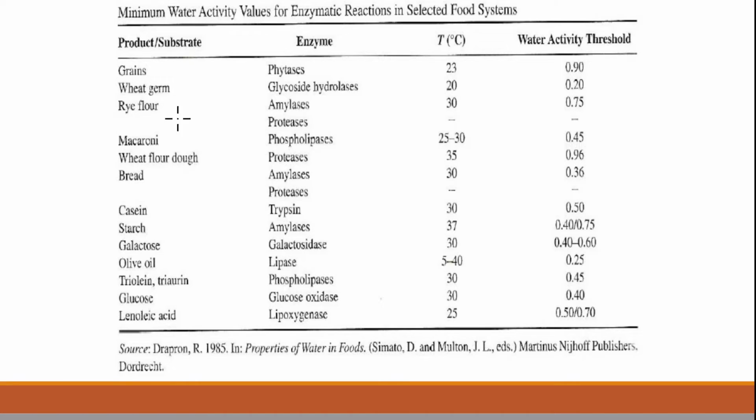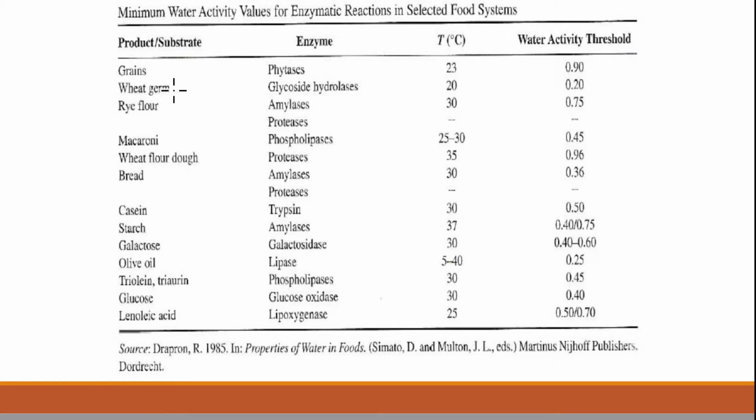Okay, for flour, the hydrolytic enzymes involved are amylase and protease. Temperature can start at 30 degrees, and the enzyme can work at 0.75 water activity. Notice this value here, it's quite a low water activity, 0.2, as you see in the previous graph.